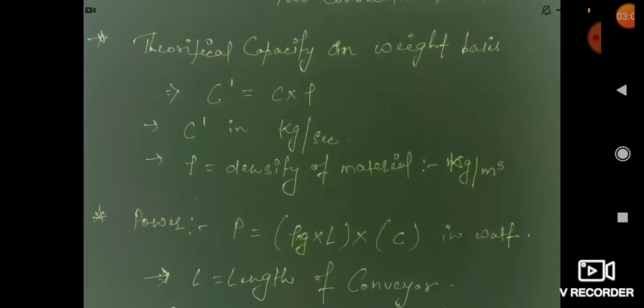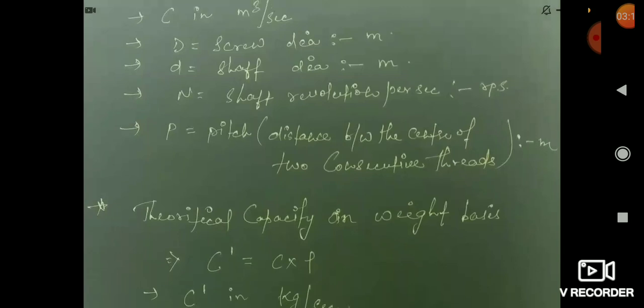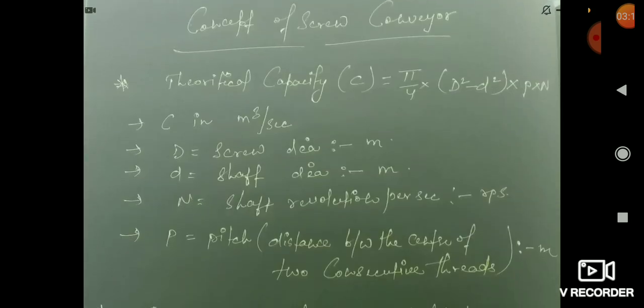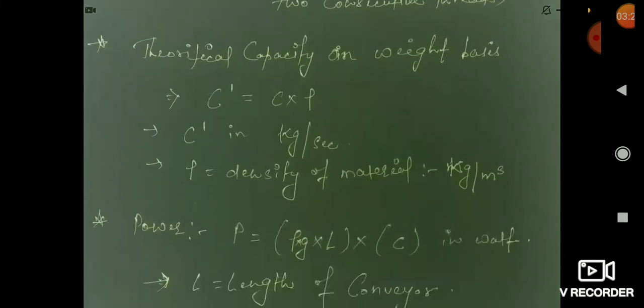And friends, many times the theoretical capacity has been asked on a weight basis. This is on the volume basis, means we calculated theoretical capacity in terms of volume, meter cube per second.